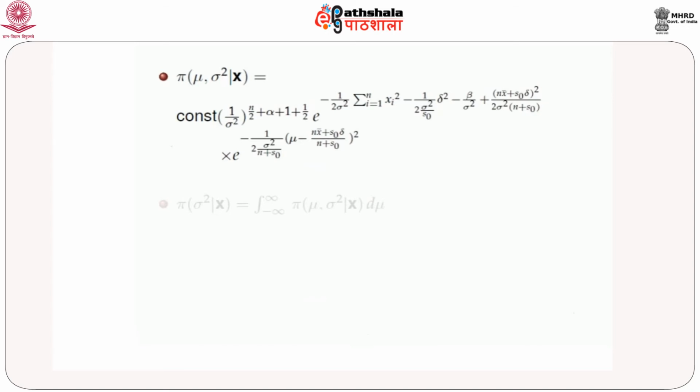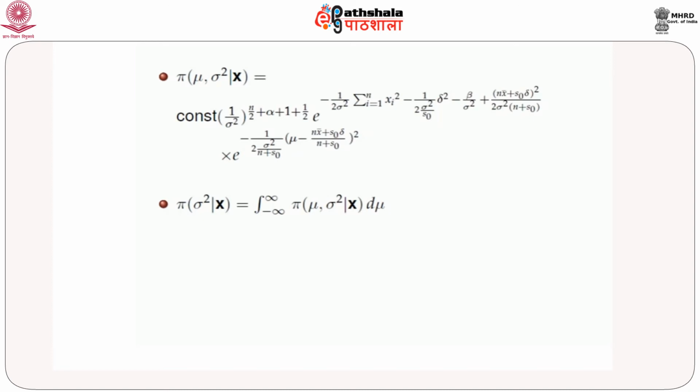So, with this previous consideration, that is, splitting up of the terms corresponding to mu square and mu in the form of a square, we have that the posterior distribution of mu and sigma square given the data takes the following form.